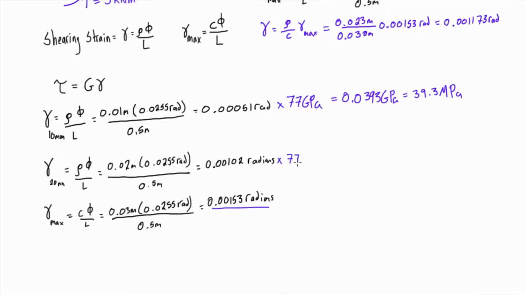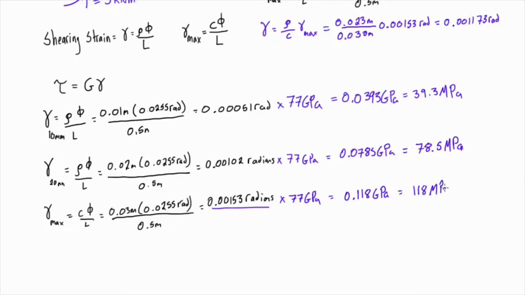Okay, so if we do that for this guy, that's going to give us the value of 78.5 megapascals. And lastly, down here, again, we'll do the exact same thing, times 77 gigapascals. And we're going to find that we get 0.118 gigapascals. And that works out to be, just multiply it by 1,000, 118 megapascals.